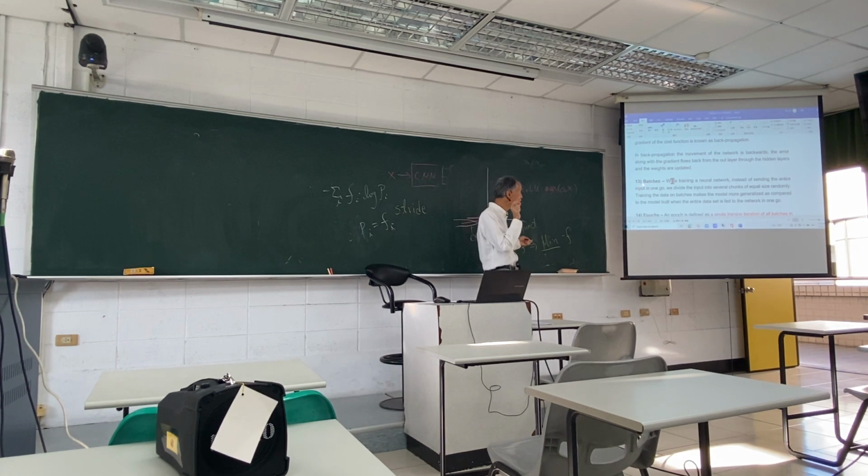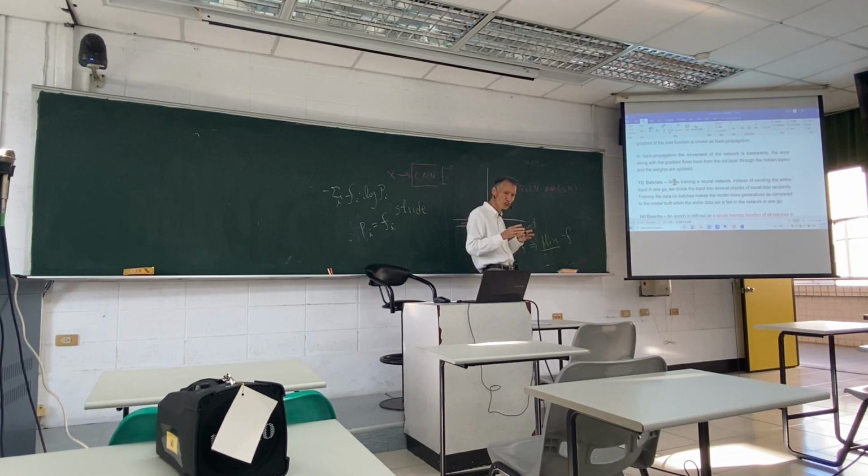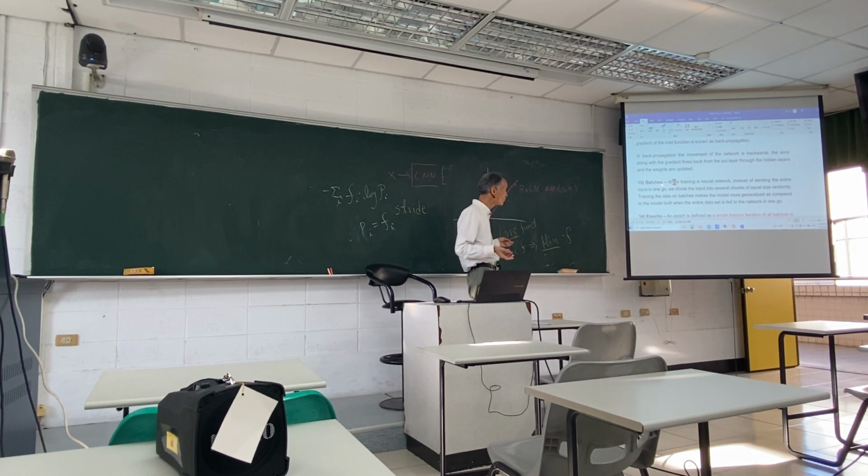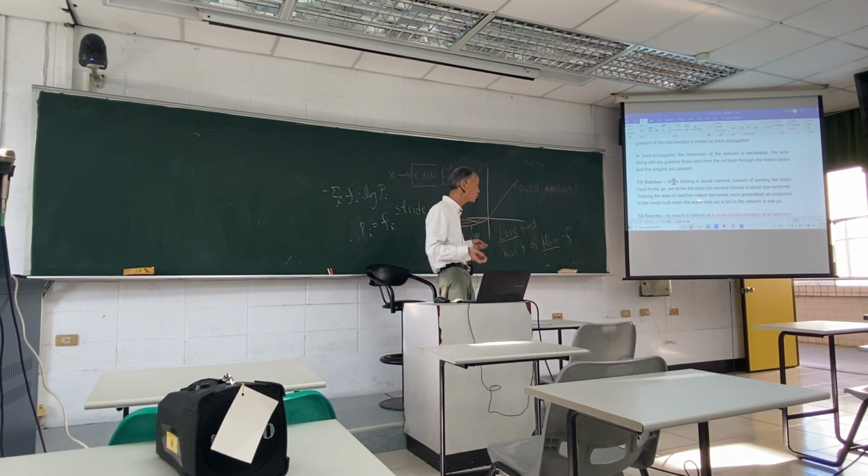The minimum batch size is just one sample, and the maximum batch size is the whole training data. It depends on your application and the hardware and software you have. Usually you can go for a batch size of 10 or 20, and so on. Then we solve based on this batch.